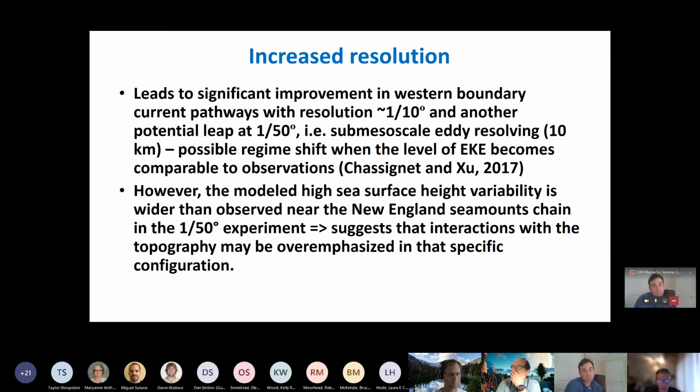But like I pointed out, the model sea surface height variability, or EKE, is wider near the New England seamount chain in 1/50th degree. So this suggests that interaction with topography may be overemphasized in that specific configuration. So we embarked on a series of sensitivity studies.